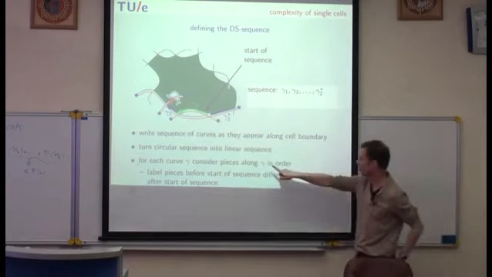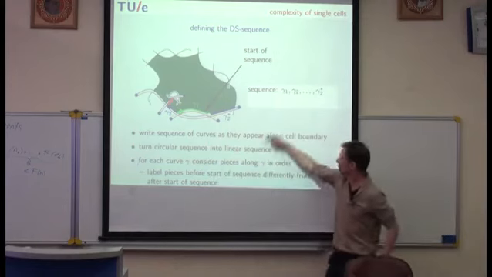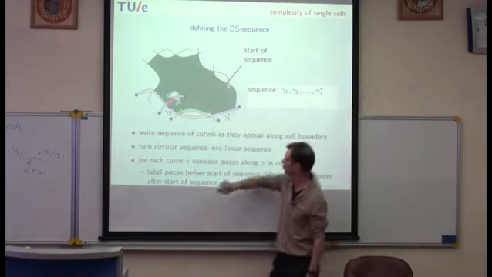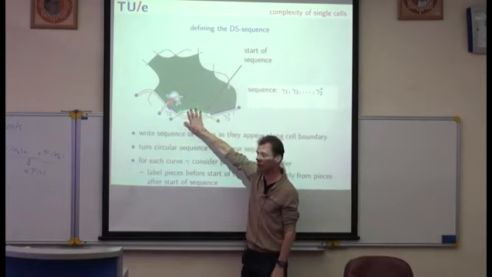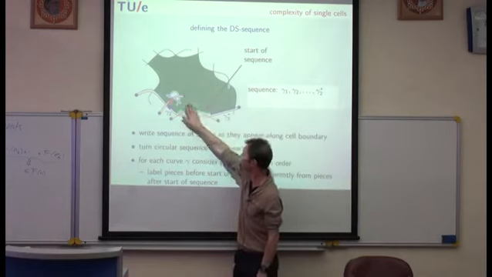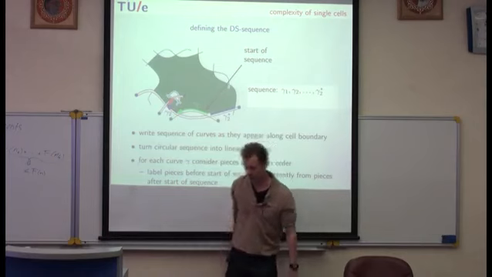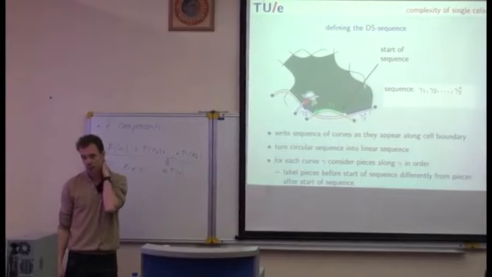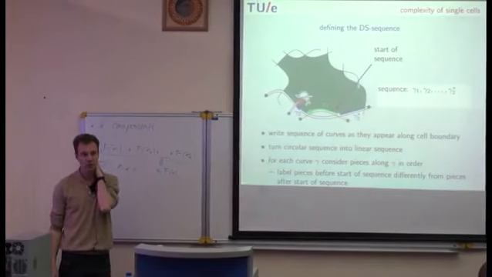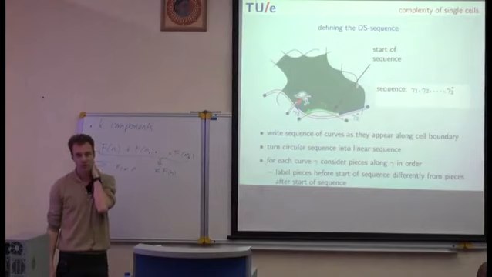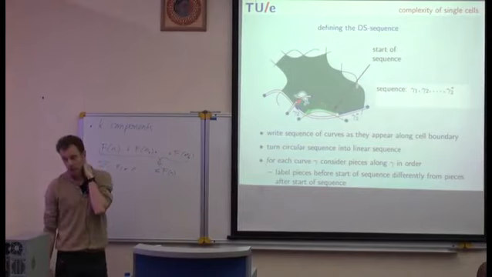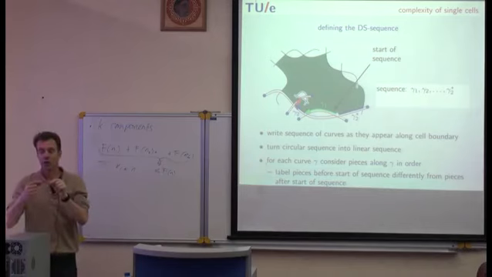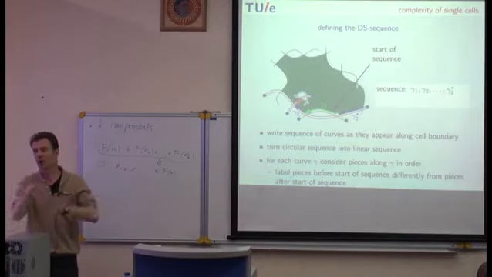So if I look at a curve like this gamma 2, look at all the pieces that you get along the curve, then the ones that come before the starting point get a different symbol from the ones that come after the starting point. Okay, so how many symbols do I have in my sequence? I don't mean how long the sequence is, but simply how many different symbols do I use.